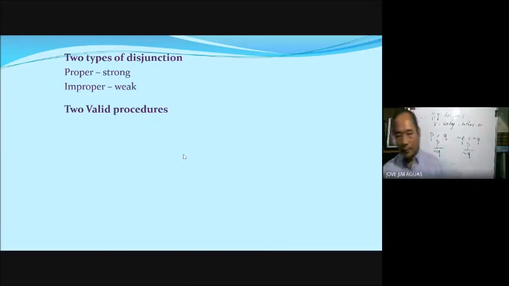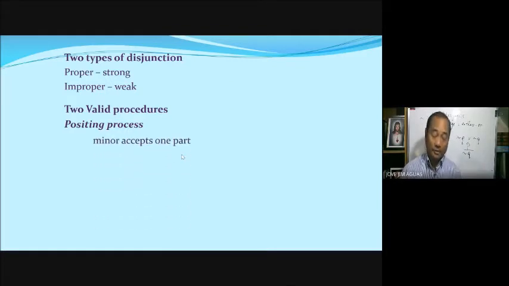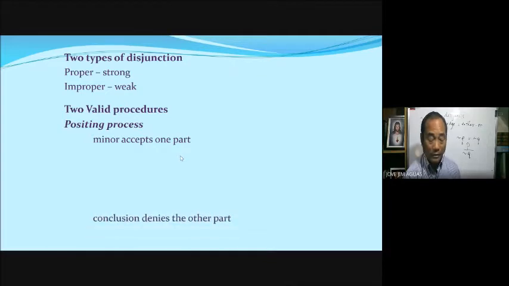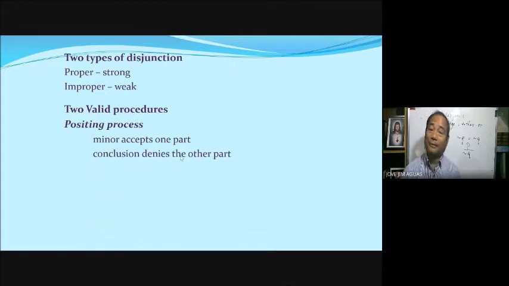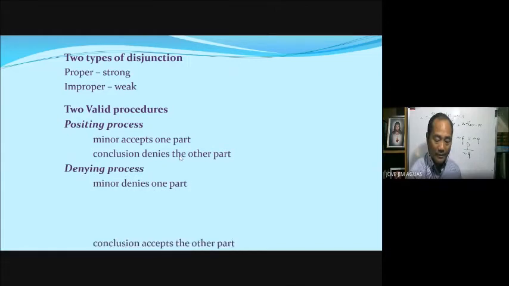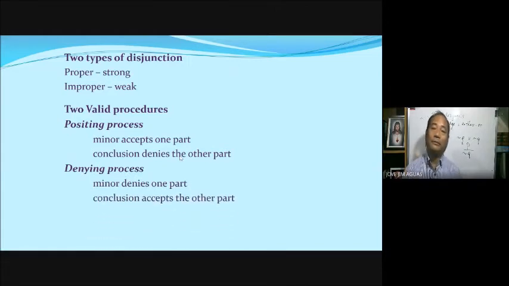Based on this, there are two valid procedures. The first is the positing process. That means the minor accepts one part and the conclusion denies the other part. It could be the P or the Q. And the denying process: the minor denies one part, and then the conclusion accepts the other part that is left.